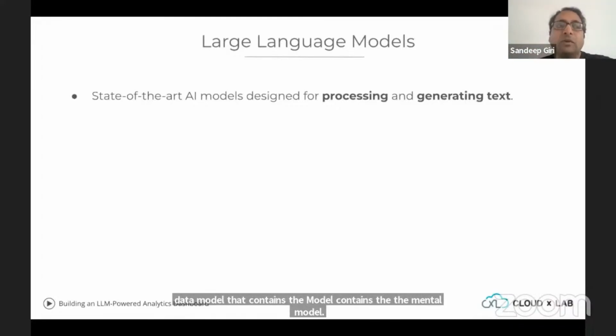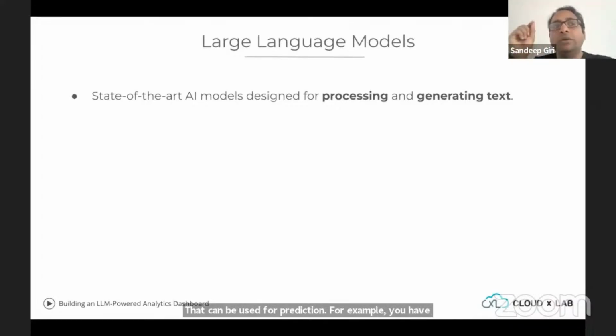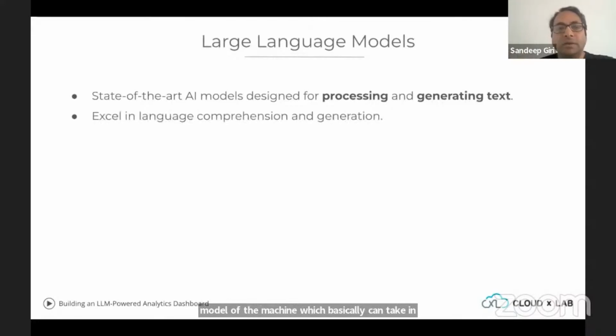For example, you have lots of data points and you want to figure out a way to predict something. Now, you draw a straight line. That straight line is a model. Similarly, a large language model is that mental model of the machine, which can take in text and produce text.